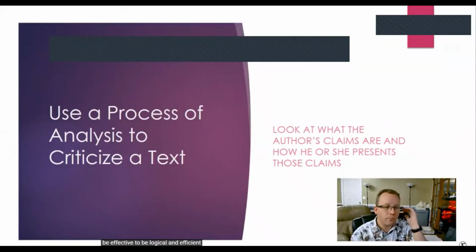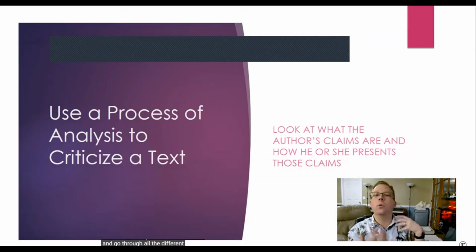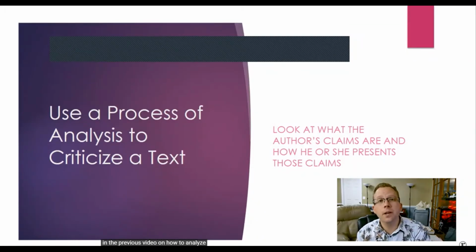Okay, so you need to look at what the author's claims are, look at how he or she presents those claims, and go through all the different rhetorical strategies and methods that they use, and then look at them for how effective they are. I talked about this in the previous video on how to analyze an argument. You can look back on that, and that'll help you to go through this process that I'm talking about.